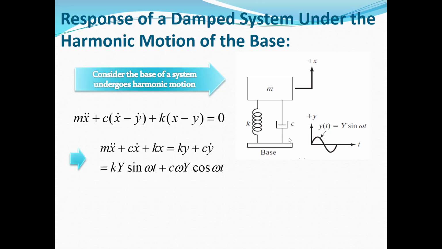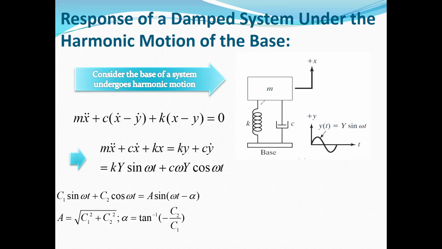If you plot the free body diagram for this system, we will have one force due to the spring. When this mass M is going up, we will have one force in the downward direction, and the value of this force is k times (x minus y), because both edges of this spring are moving.